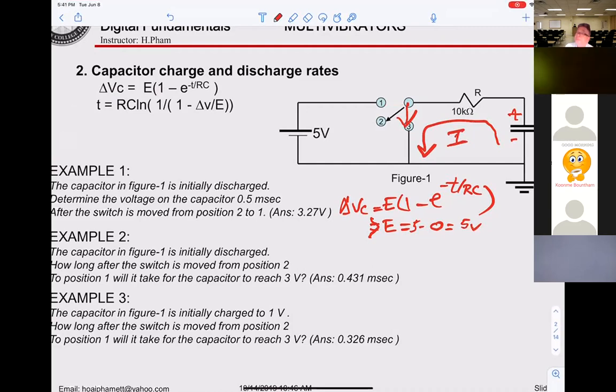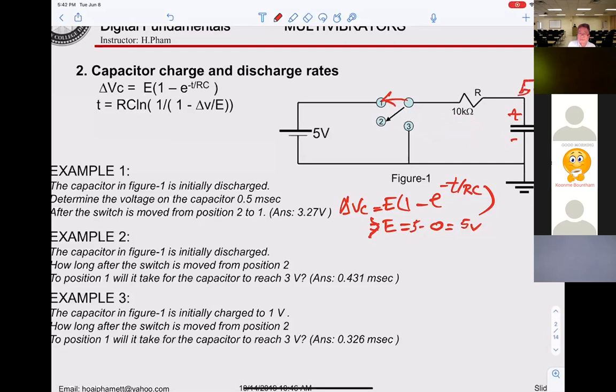Mr. Pham, I got a question on that 0. You said that was because it was 5 on both sides, or what did you say on that? Okay, you're talking about this position, right? Yes. Okay, so you get a full charge, then this time you get 5 volt. It's fully charged.